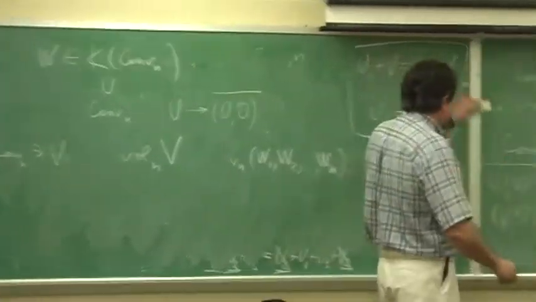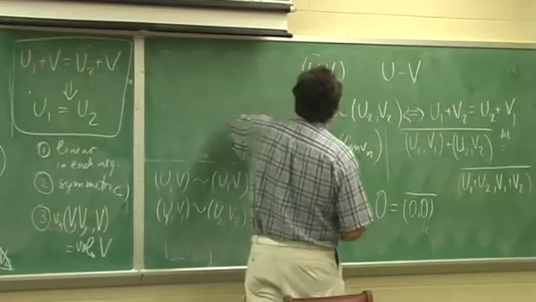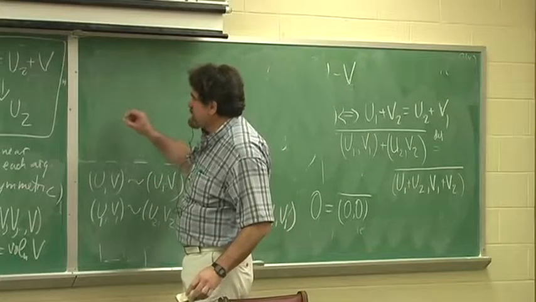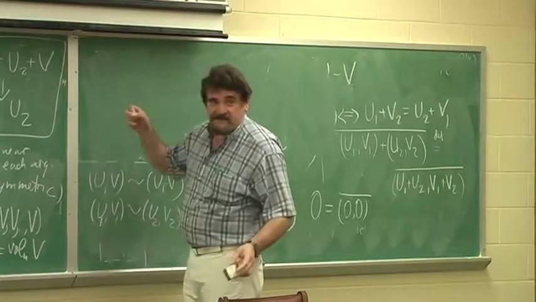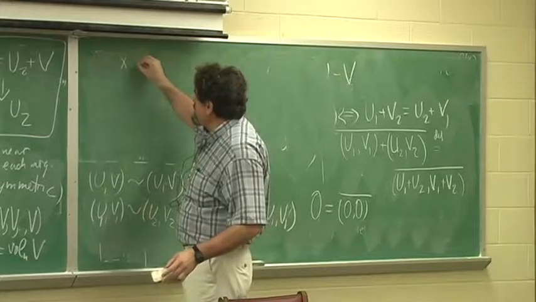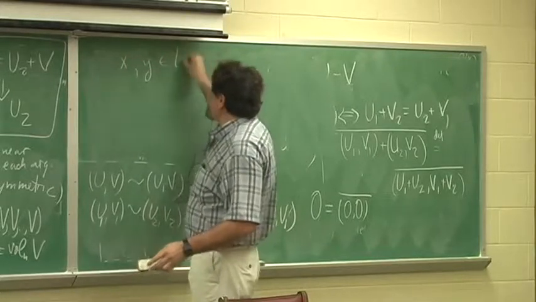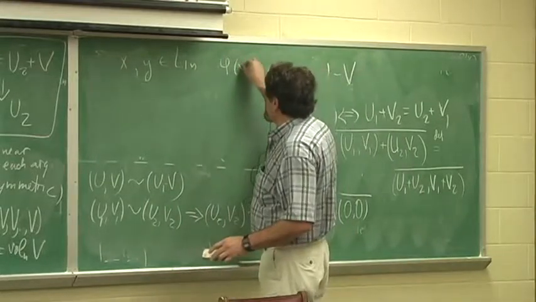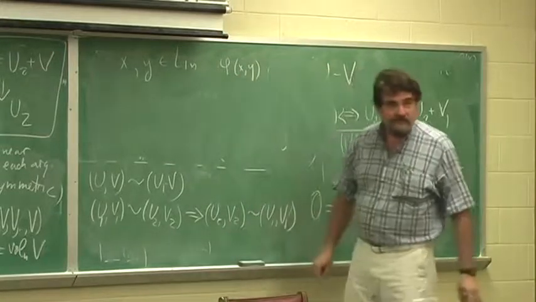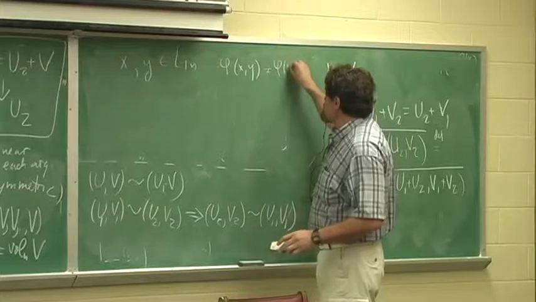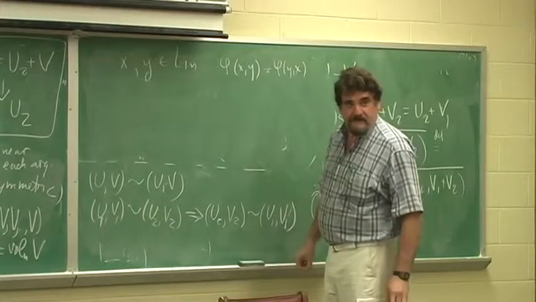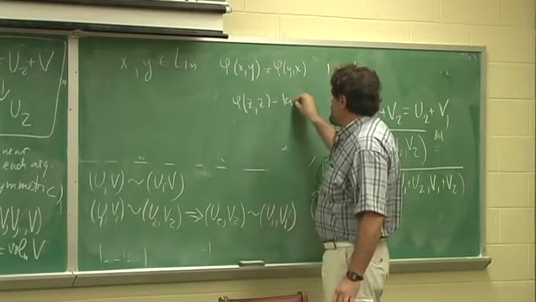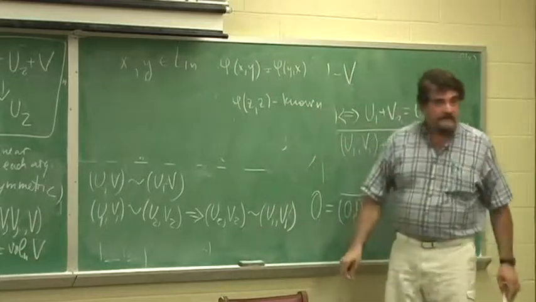Let me show you. It is easy again, it is a kids' game, and it is much more. Imagine that I have x, y in a linear space, and I have a bilinear form, linear in both, symmetric, and I know the value for any z.